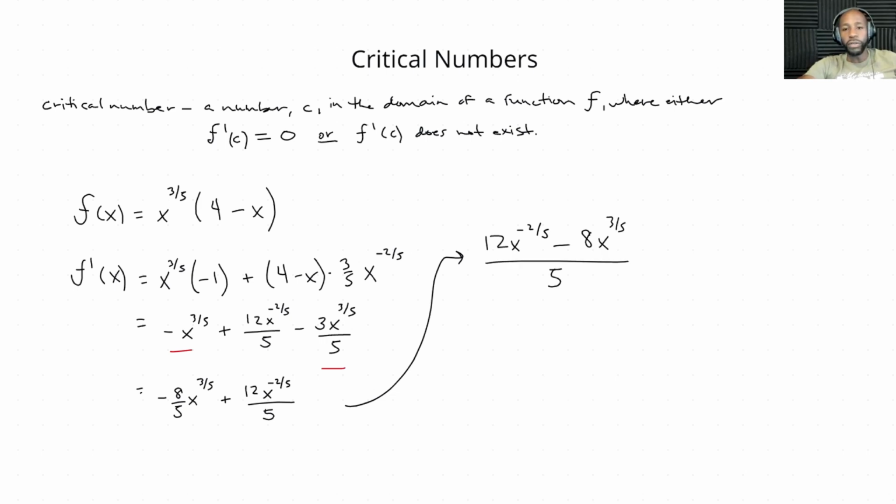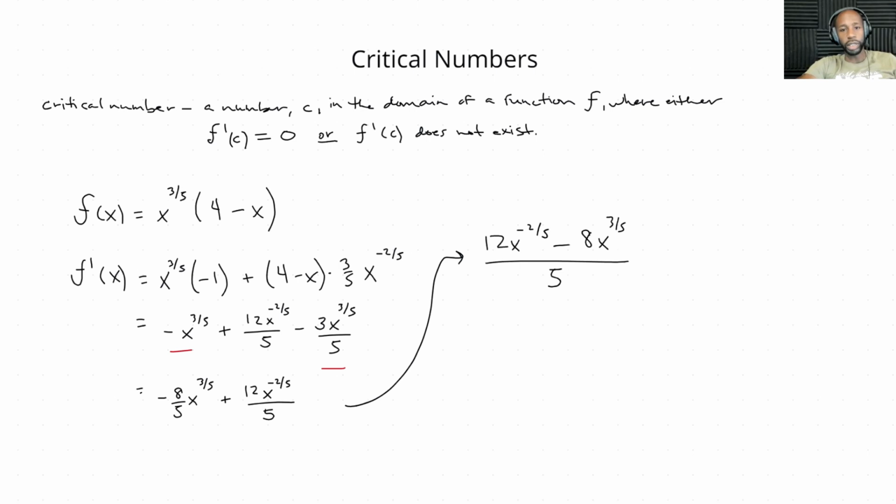Okay. Now, if I were to factor out a negative 2 fifths from both of these, remember, since it's exponents, you would essentially subtract it from the exponents. So factor that out, that goes to 1.